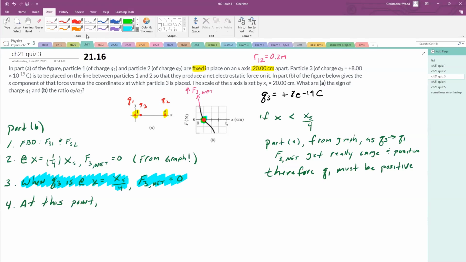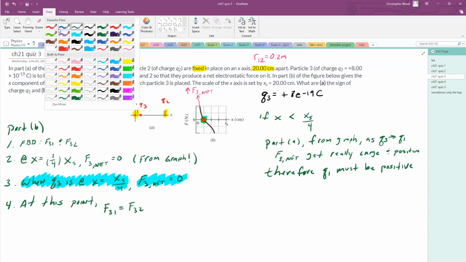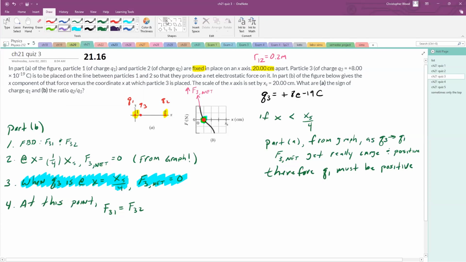So to continue, at this point, F31 must equal F32. And as long as I'm talking about vectors, now that I know the charge on particle 1 is positive, this is my rightward facing vector, and this would be my leftward facing vector.